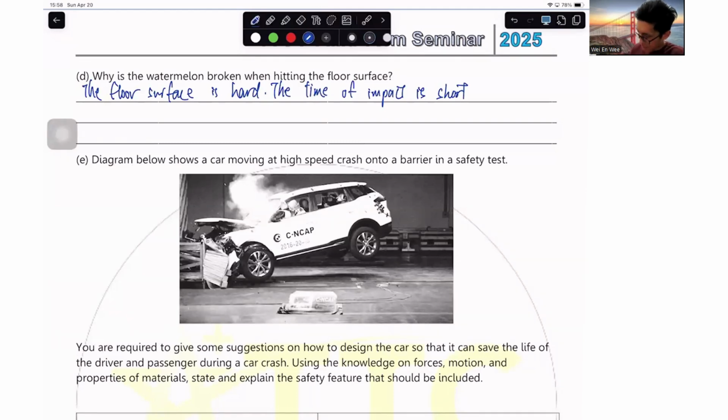And then if the time of impact is short, then you know that the impulsive force is large, or the impulsive force is greater, okay? So this causes the watermelon to break.